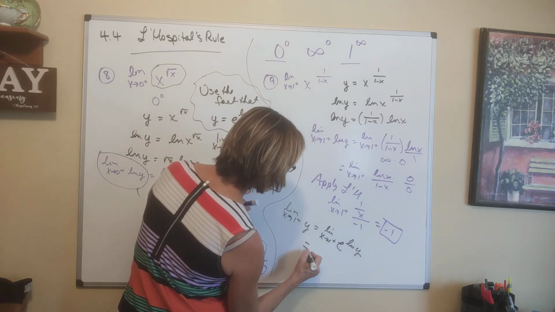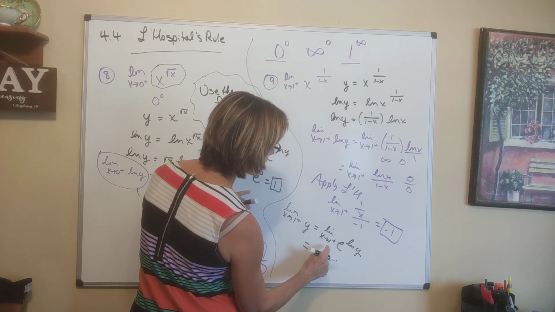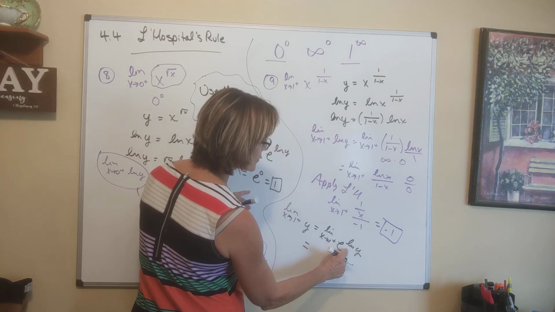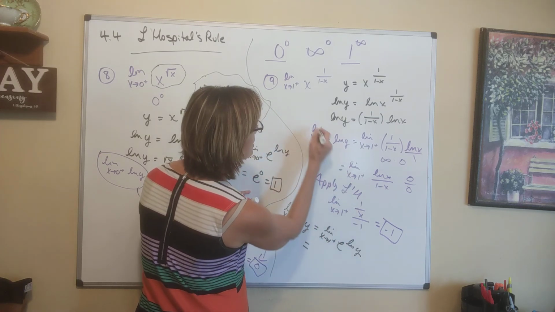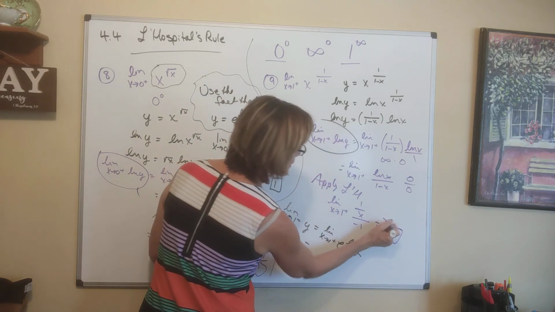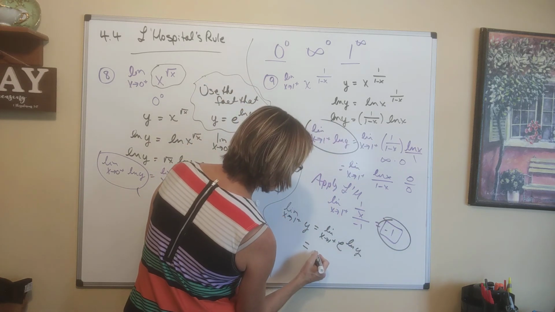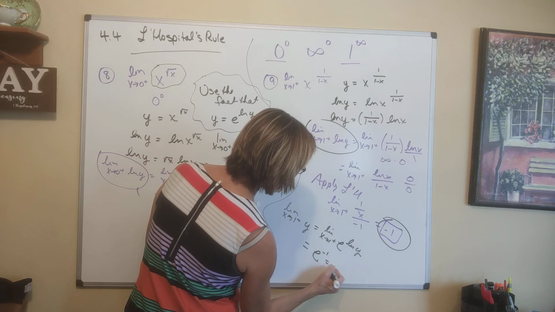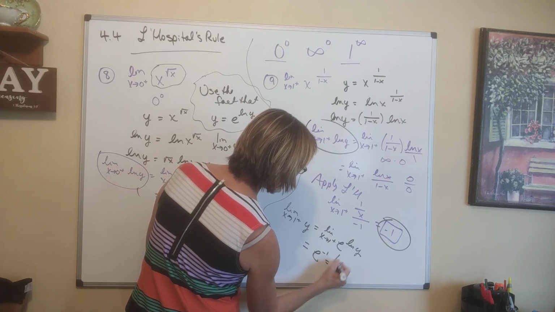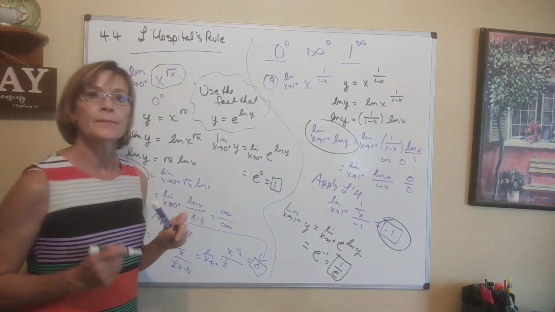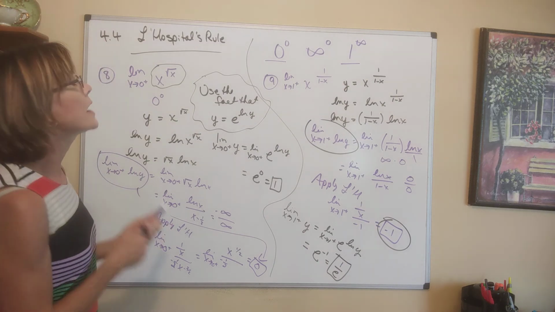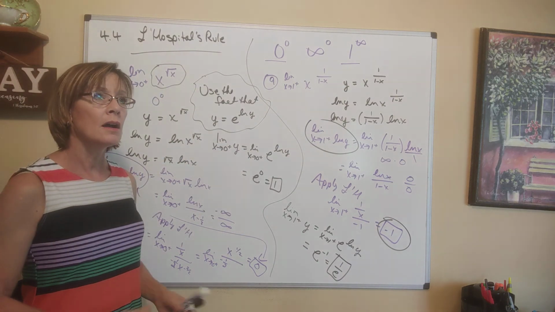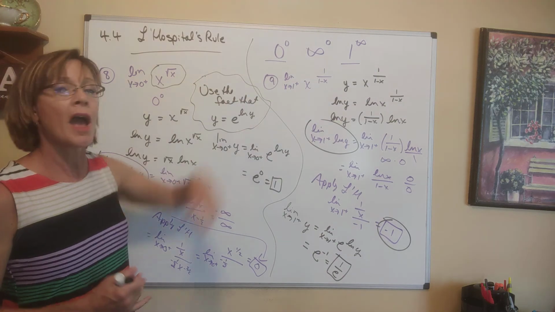We know that the limit as x goes to 1 of the natural log of y ended up being negative 1. So this is basically e to the negative 1, or 1 over e, is what the limit's going to be. So that's how we can use it when we have an indeterminate form that is of a power nature.